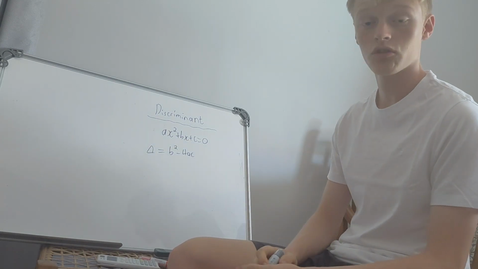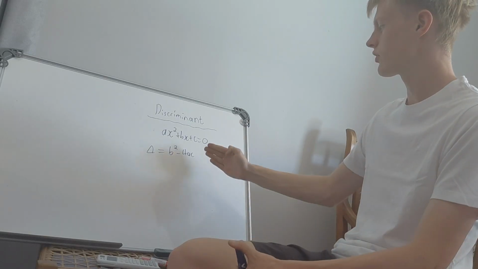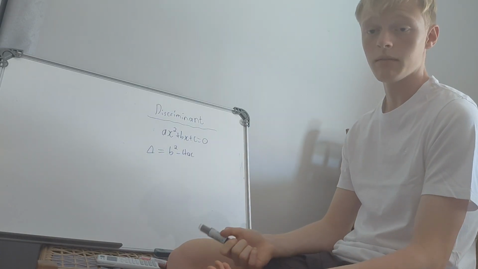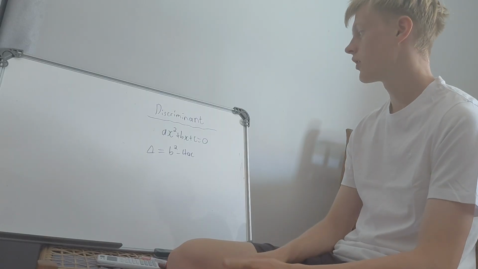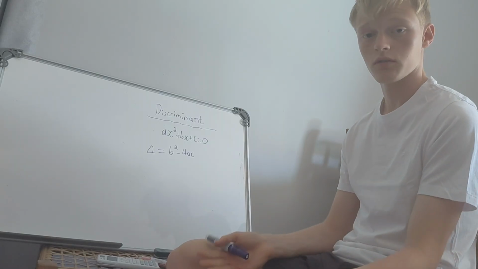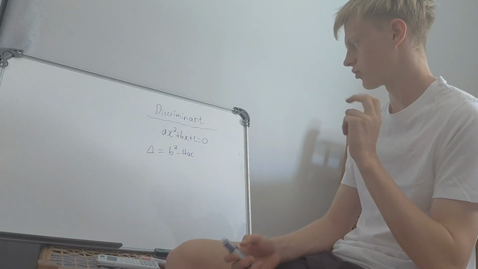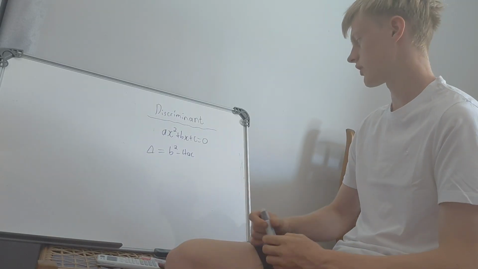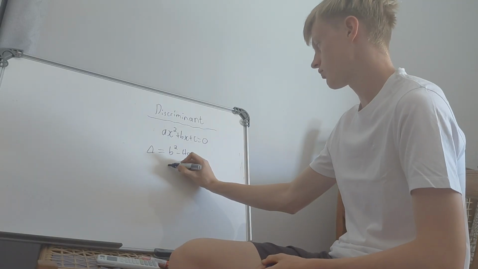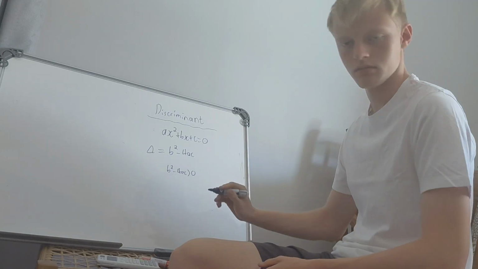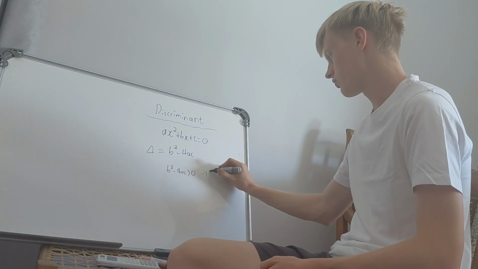Now, the discriminant is very useful because it can give you a lot of information about the quadratic function, namely how many roots it has. So, a quadratic function has either 0 roots, 1 root, or 2 roots, and this is all based on the discriminant. If the discriminant is bigger than 0, there are 2 roots.